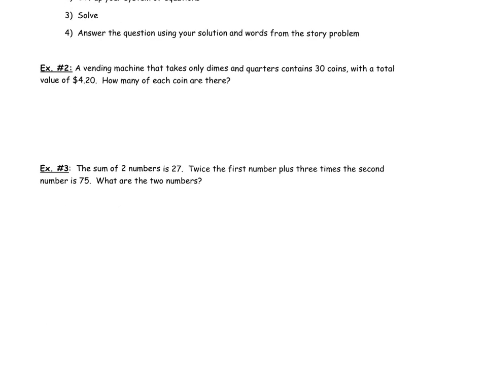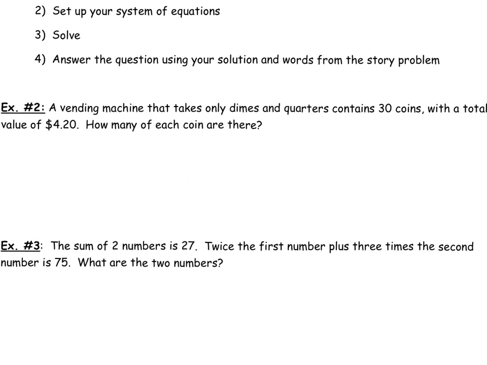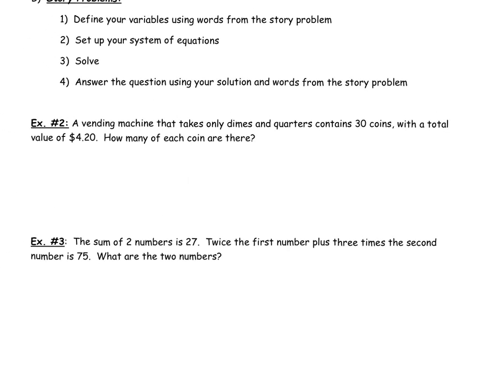So if we look at the first one, it says a vending machine that takes only dimes and quarters. So how about x equals the number of dimes and y equals the number of quarters. We know that they contain 30 coins. Well, that means dimes plus quarters equal 30.